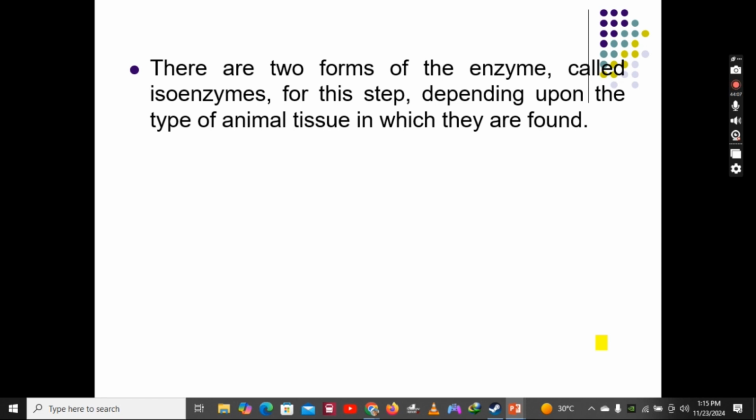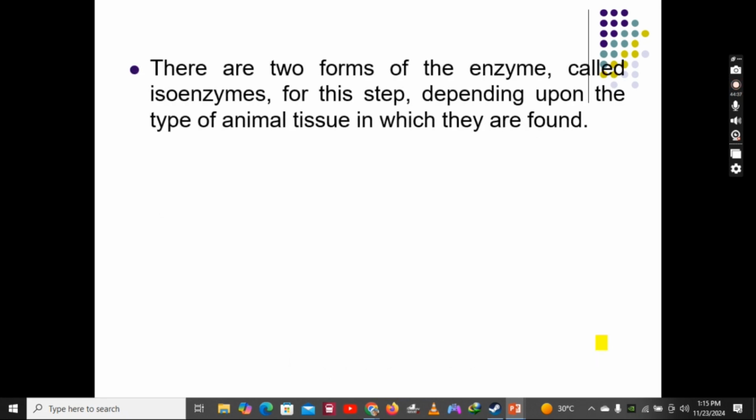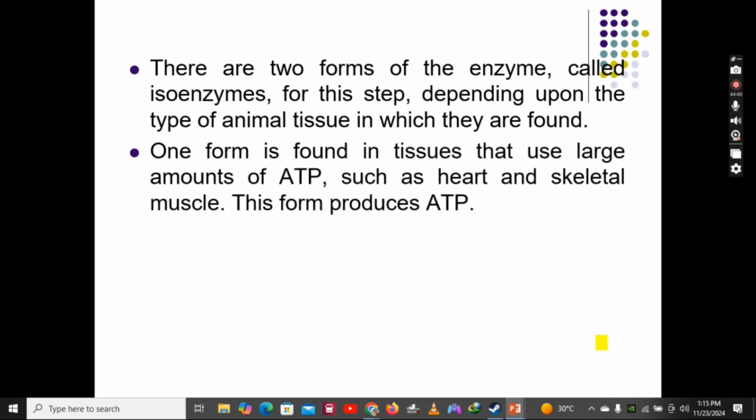For example, the brain and muscle tissues need a lot of energy, and you expect more ATP to be produced as compared to GTP. But when you go to other tissues like the liver, you expect more GTP to be produced. So these isoenzymes will be available depending on the tissue where this process is taking place.